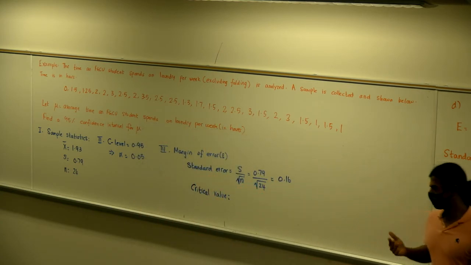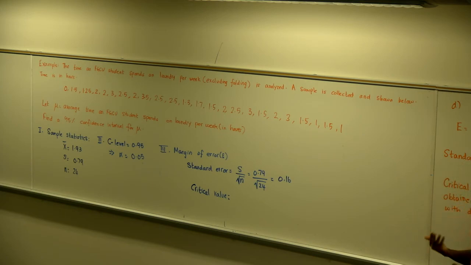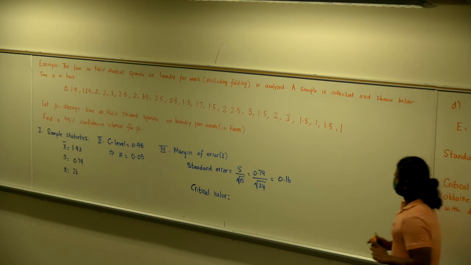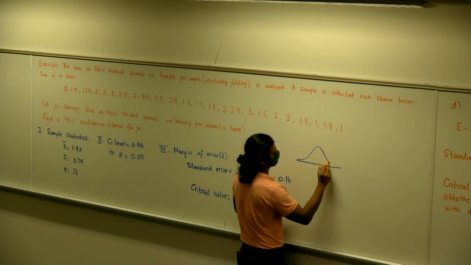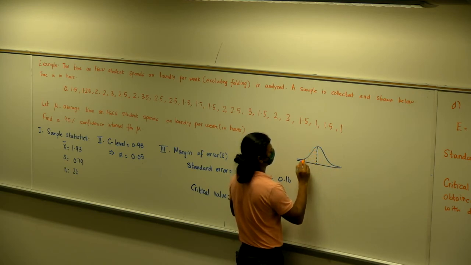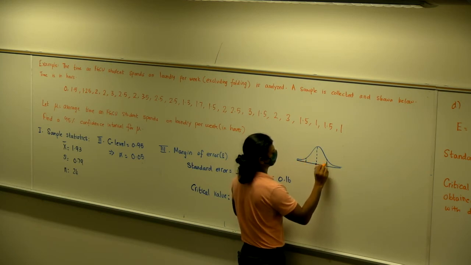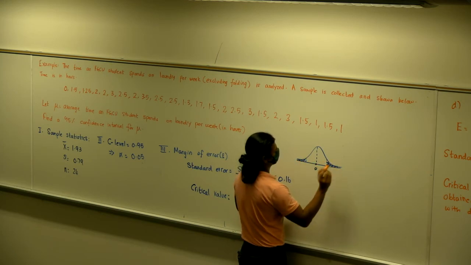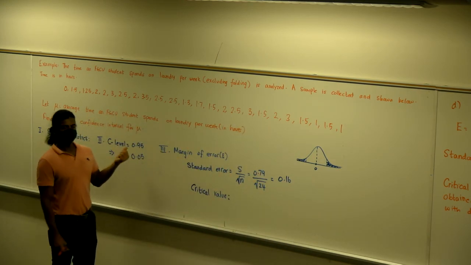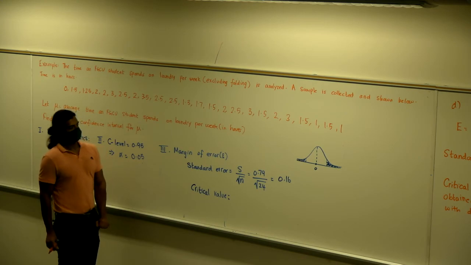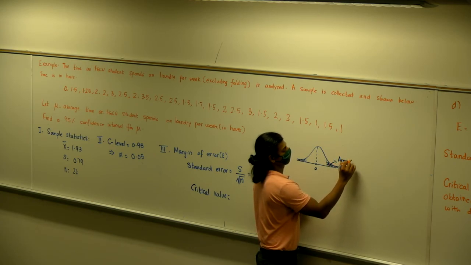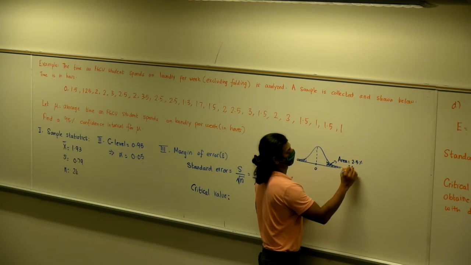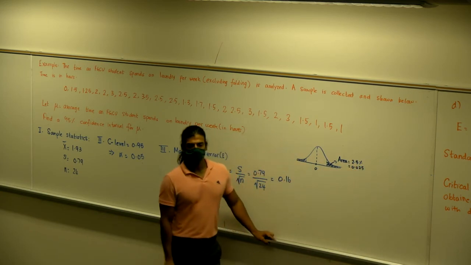We just want the critical value in one of two sides, and typically it's best to have the positive critical value so you don't mess around with signs. The area in the middle is 95%, which would imply the area on either tail is 0.025.